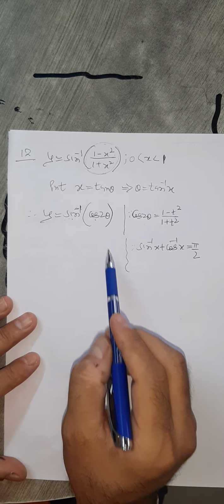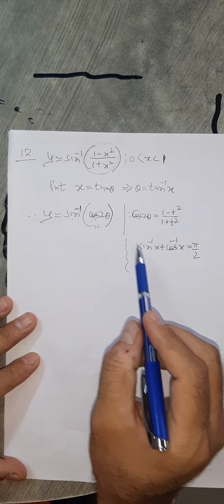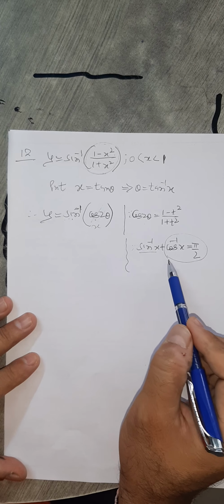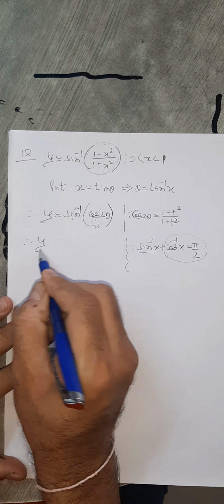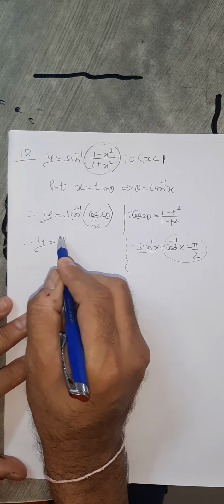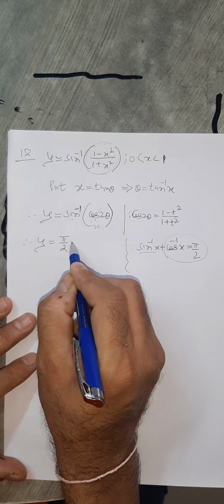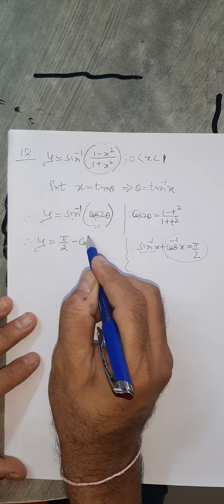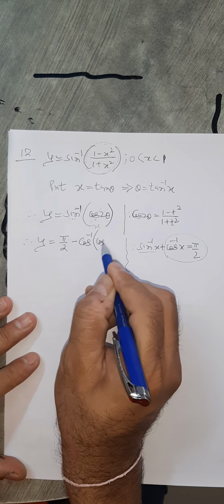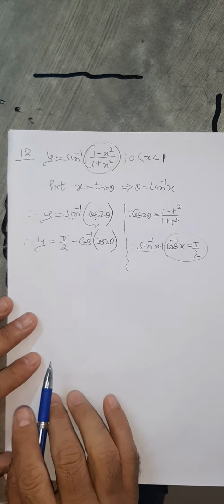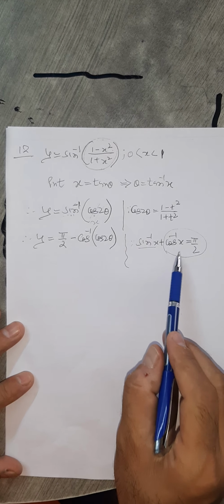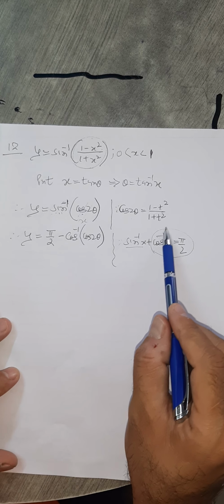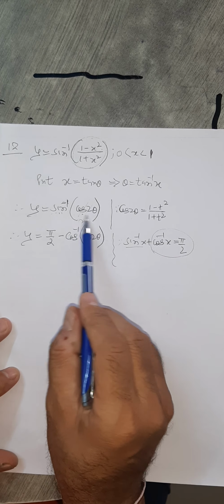So what I'll do, you can keep this as x in your mind. So I can write sine inverse x equals this much. So I'm using that: sine inverse x equals pi by 2 minus cos inverse, and instead of x you have cos 2 theta in the bracket.